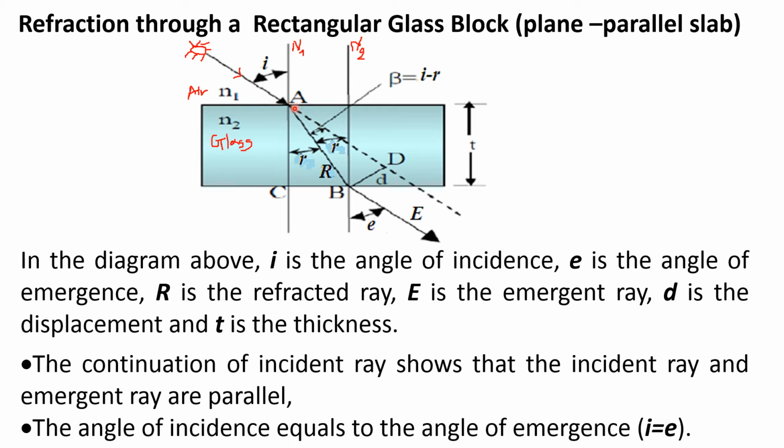If we do the prolongation of the first incident ray, we'll see that it is parallel to this emergent ray. Then the angle of incidence at the first point of incidence is equal to the angle of emergence.